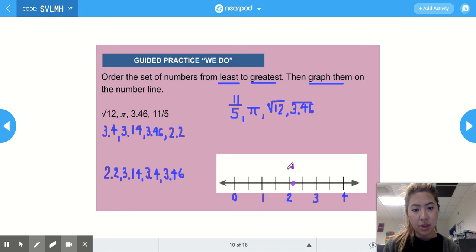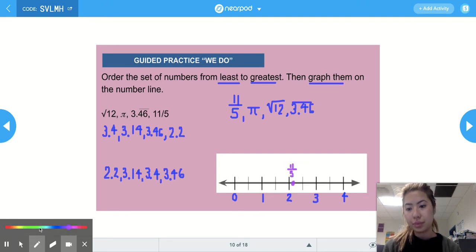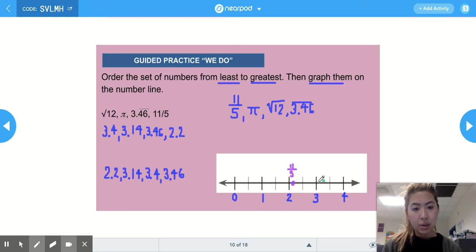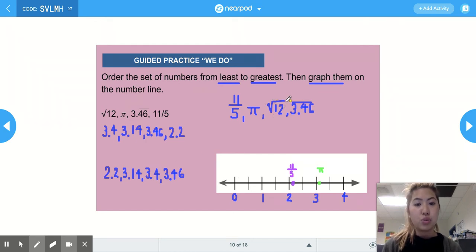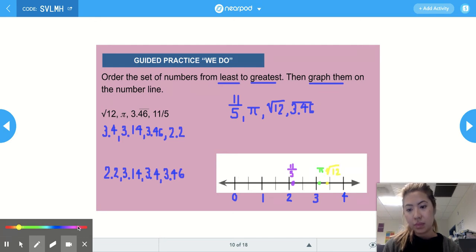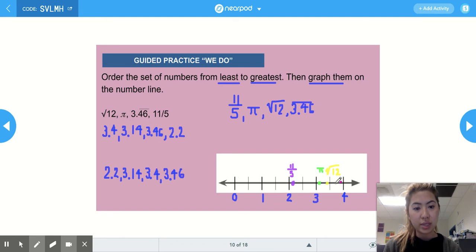Then we have 3.14. This is going to be around here. So that's pi. Then we have 3.4, which we have to write as square root of 12, is going to be around here. And lastly, we have 3.46, which is going to be a little bit afterwards.